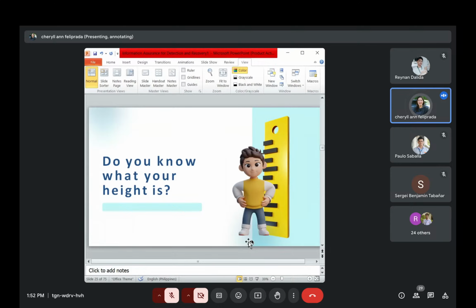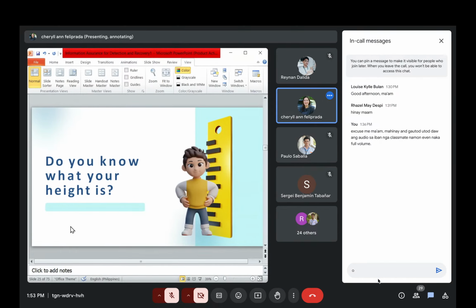Can you identify if it's either a measurement or a metric? Is your height or weight considered to be a metric or a measurement?